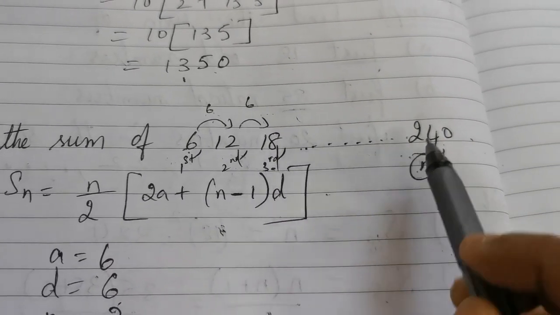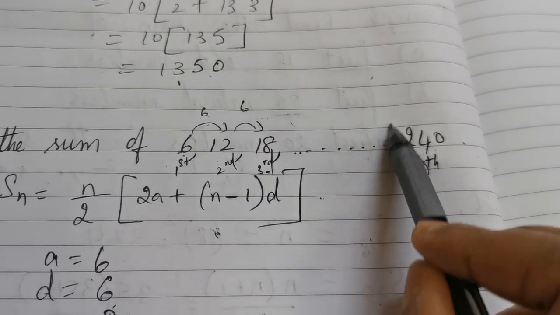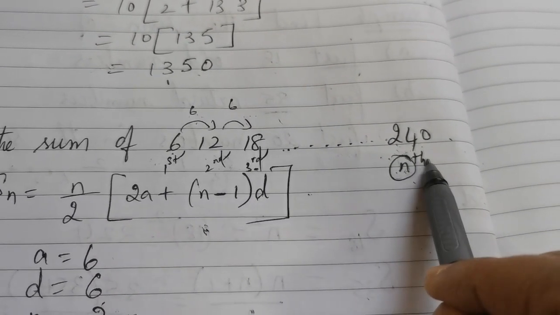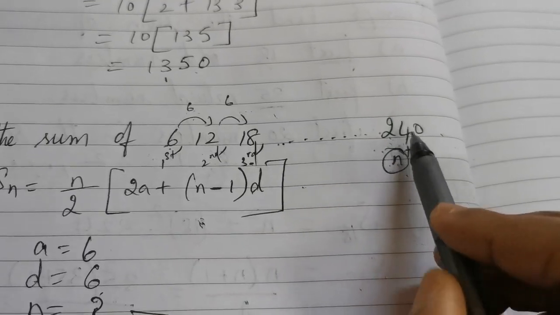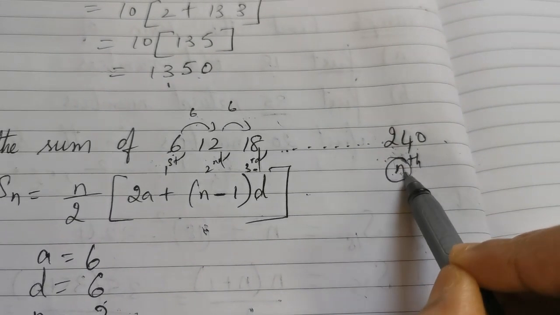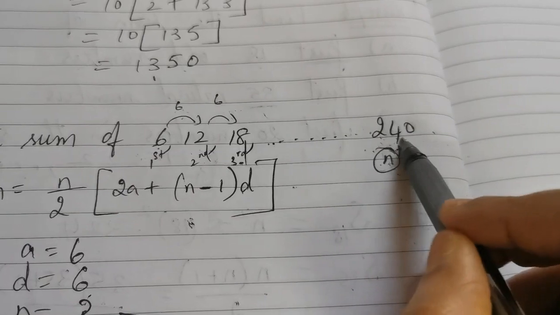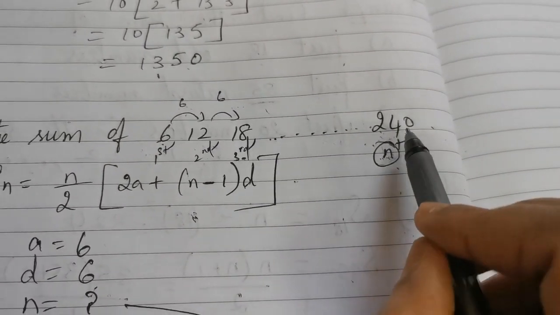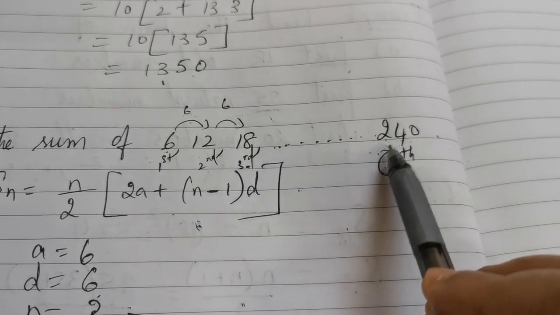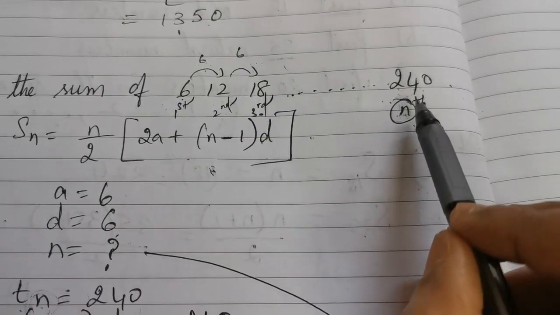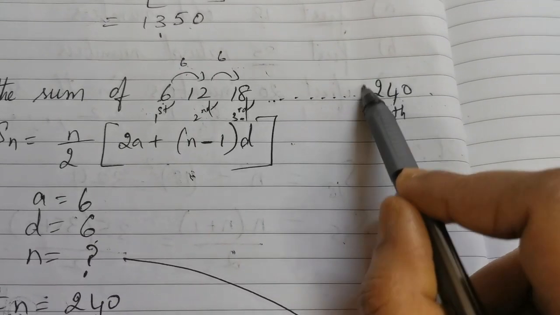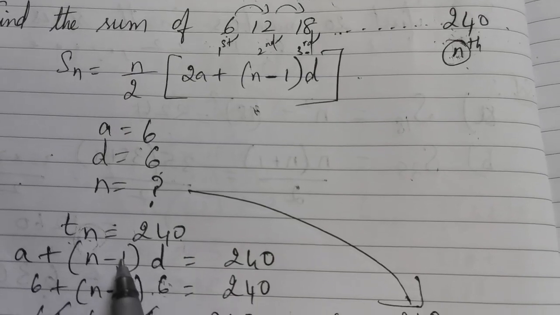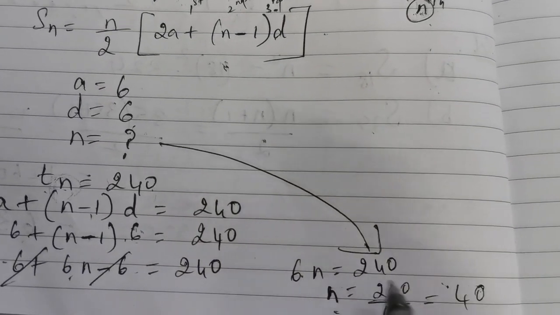One thing which is given extra is the last term. The last term tells us how many numbers are there in this series. So we find the position of 240 in this series. To find n, we equate 240 to Tn, apply the formula which we learned in the previous video and find the value of n.